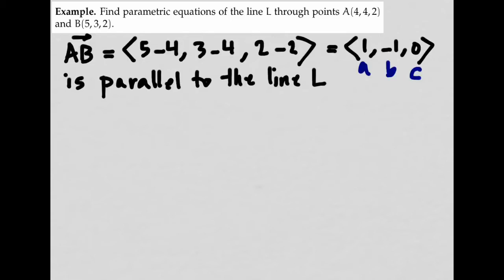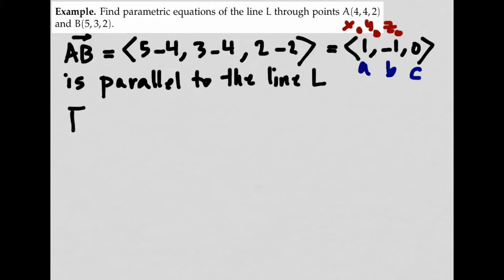Now instead of 1 point, we have 2 points on the line, so we get a choice. We can choose either point A or point B and plug them into the parametric equations. Let's say we pick point A. So we have x0 is 4, y0 is 4, and z0 is 2.